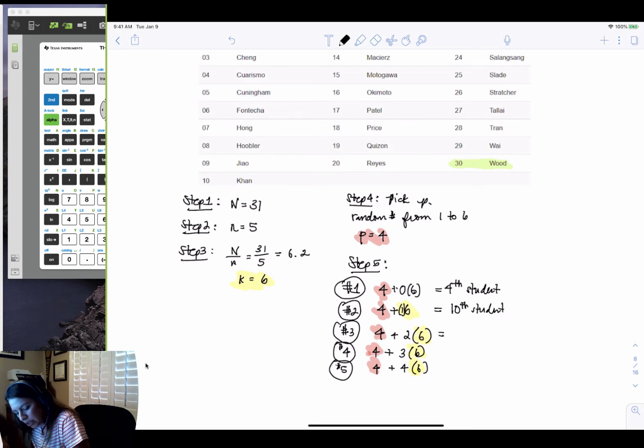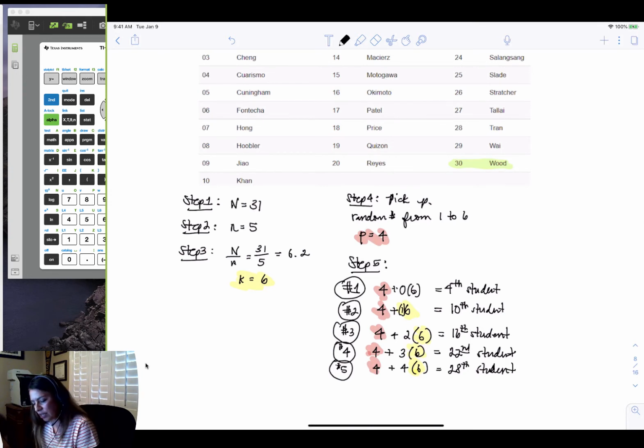Here is 4 plus 12, which is the 16th student on my list. Now we could just find the pattern here. Look, 4 plus 6 is 10. 10 plus 6 is 16. Tell me what 6 plus 16 is, right? The 22nd person. And then here would be the 28th person on my list.